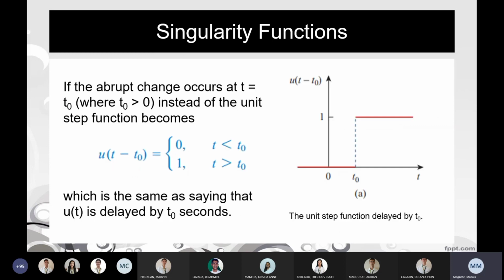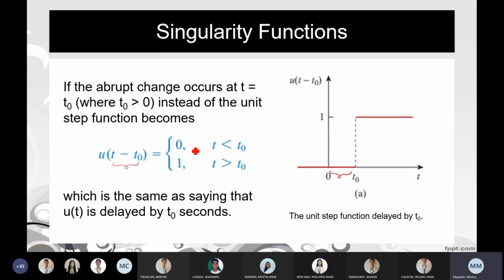If the abrupt change occurs at t equal to t sub 0, where t sub 0 is greater than 0, instead of the unit step function, it becomes u of t minus t sub 0. If we have t sub 0 involved and it is greater than 0, it is a delay. Our u of t is delayed by t sub 0 seconds, so our function is u of t minus t0.